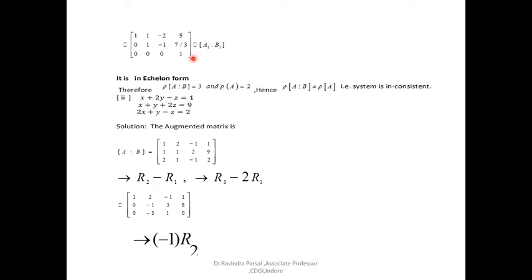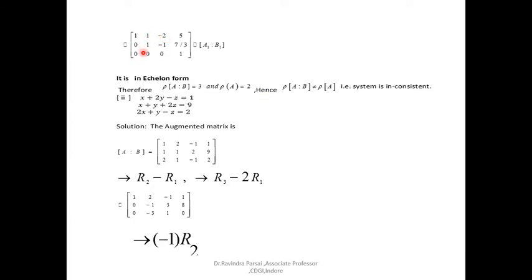We suppose this echelon form is [A1 B1]. Now we analyze the consistency of the system of equations. For this we require the rank of the augmented matrix, that is the number of non-zero rows, and the rank of the coefficient matrix, that is how many non-zero rows its echelon form has.